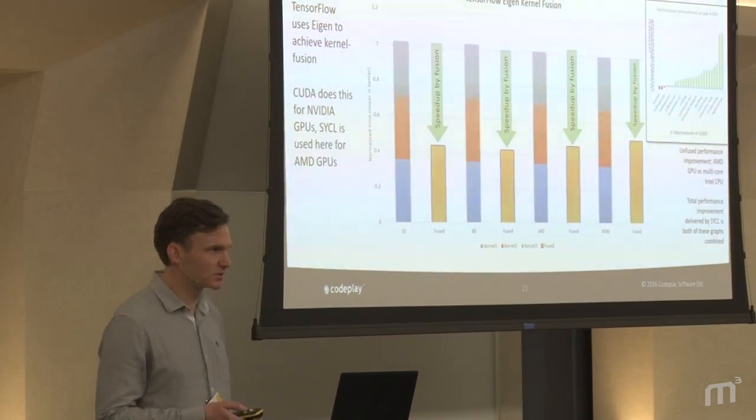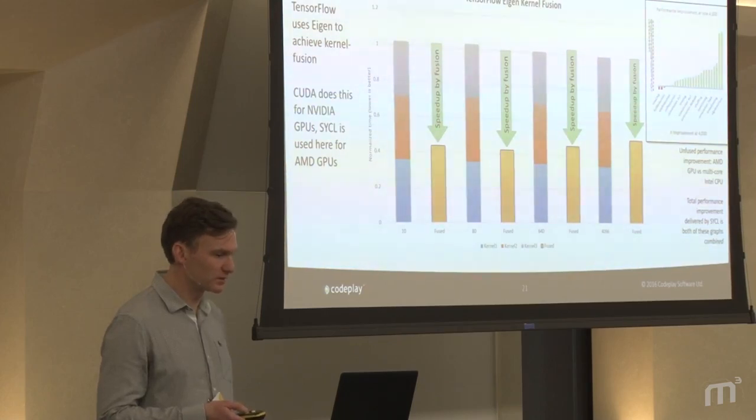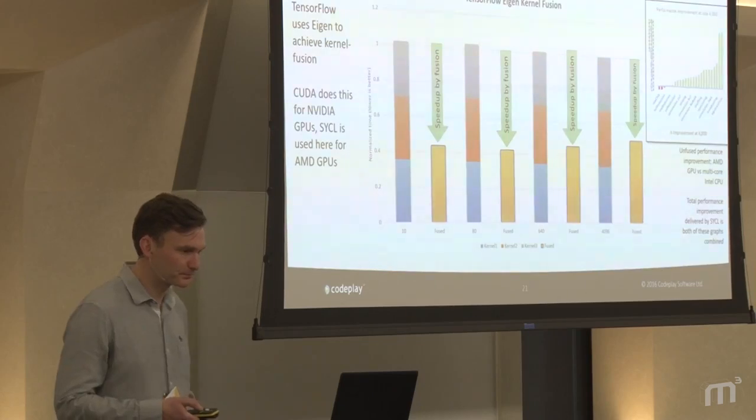But this shows the sort of performance increases that you can get by fusing those three operations together. So you can see that it's gone to taking almost a third of the time that you would expect the three kernels to take if they were run independently.